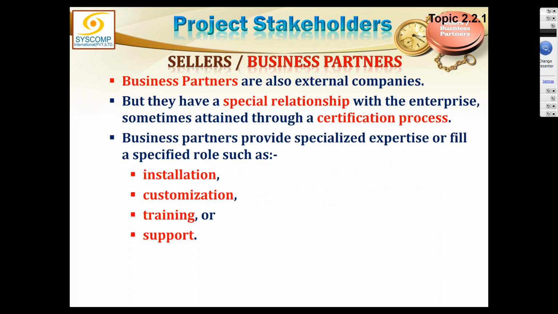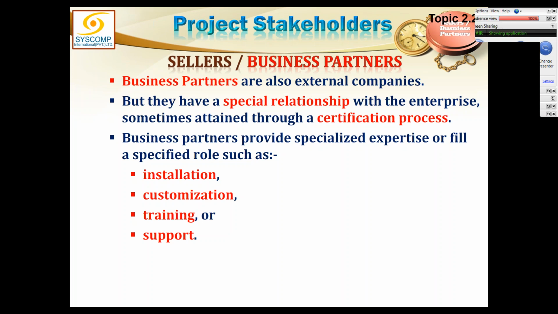Now there is another very important stakeholder which is like the seller. It is called the business partner. They are again external companies, but we have a special relationship with them. They are actually sellers, but the interest of a seller is different from the interest of a business partner.